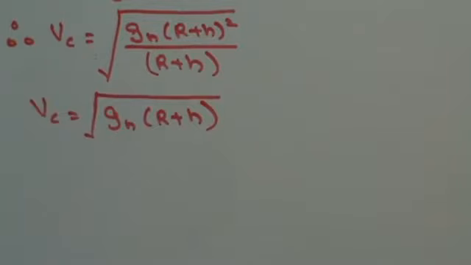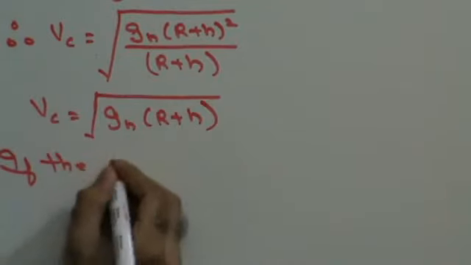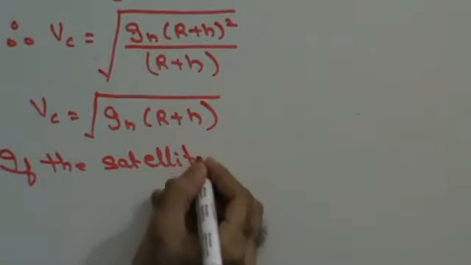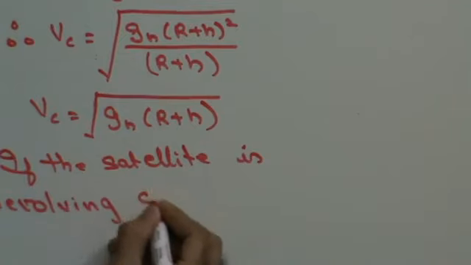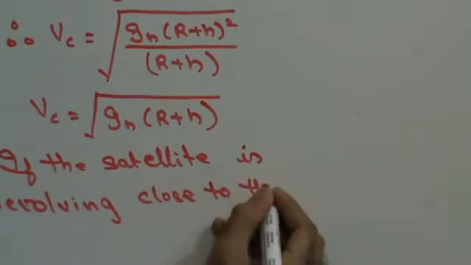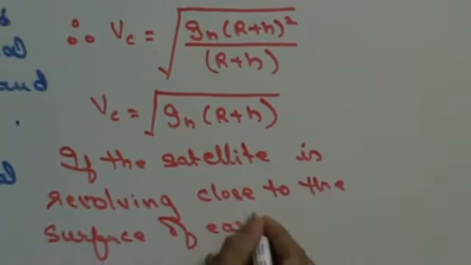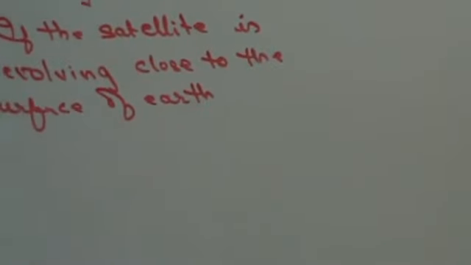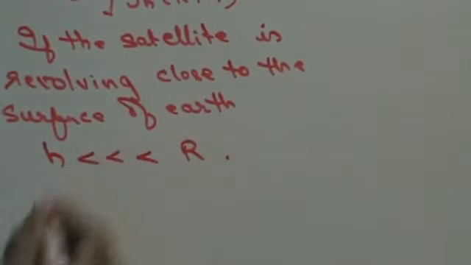Vc is nothing but gravitation at height h multiplied by the distance. Fine, did you get this? Now, if the satellite is revolving close to the surface of the earth, that means h is going to be very, very small as compared to r.